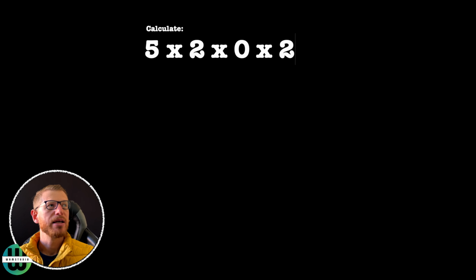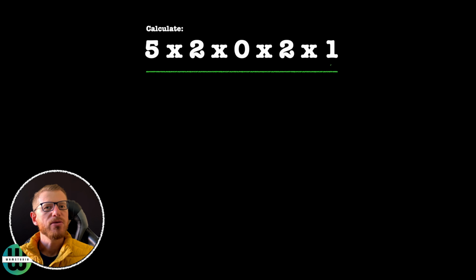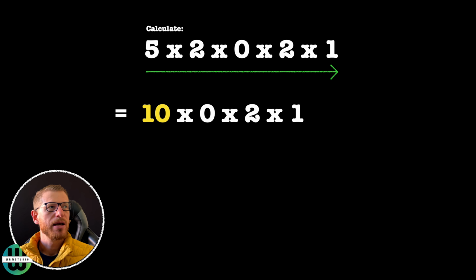If we now have a look at calculating something like 5 times 2 times 0 times 2 times 1, we'll notice that the operation is still the same. Now it's just multiplication. So we're just going to multiply again from left to right, like again reading a sentence. So we're going to say 5 times 2 is 10. And now we've got 10 times 0. 10 times 0 is another identity.